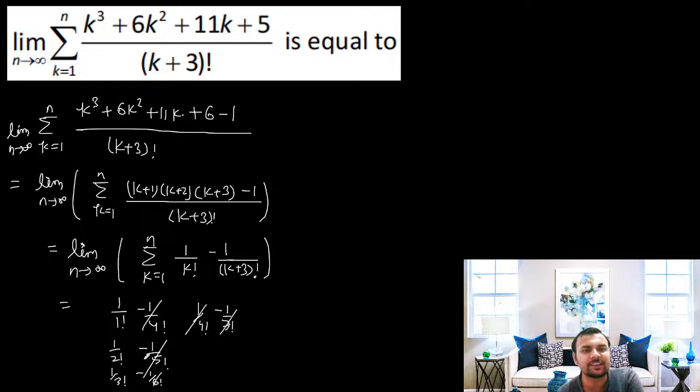These all started cancelling. So we are simply getting 1 plus 1 by 2 plus 1 by 6, and n is tending to infinity. So it is nothing but 3 by 3 plus 2 by 3, which is 5 by 3. So the answer is 5 by 3.